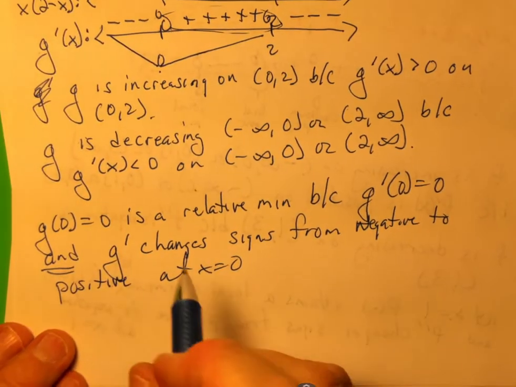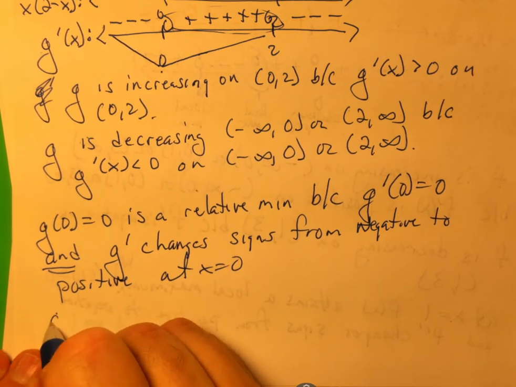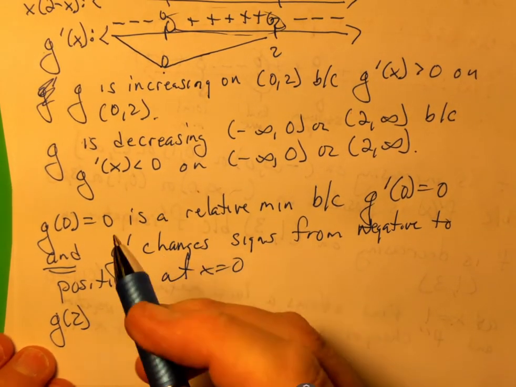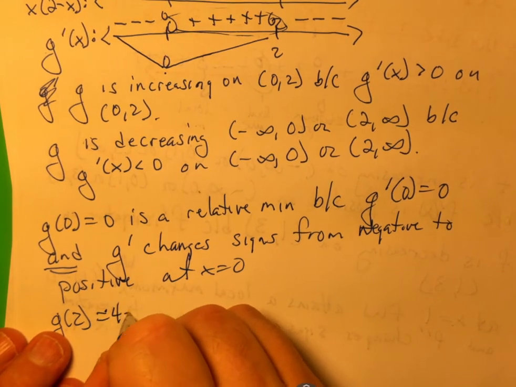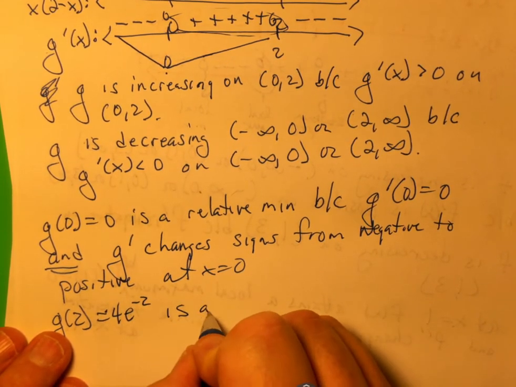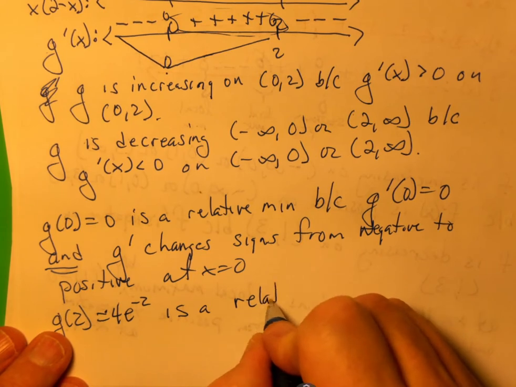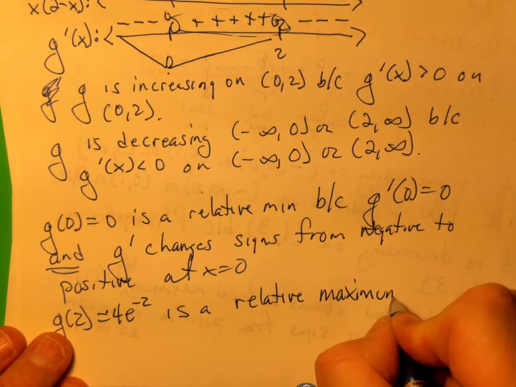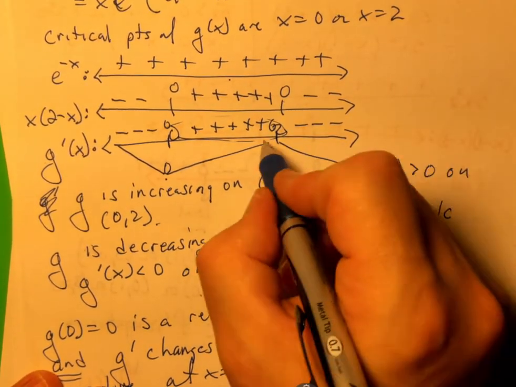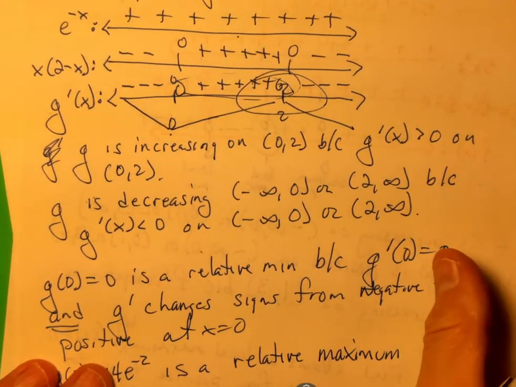Now, the last sentence, I'm going to go, hey, g of 2. Well, if you think about it, 2 squared is 4. So this is 4e to the minus 2, a relative maximum. Okay, why? Well, let's draw this here so you can see your peak. Why?